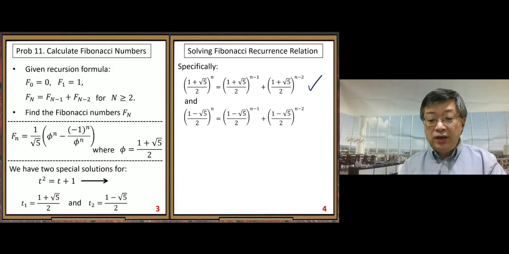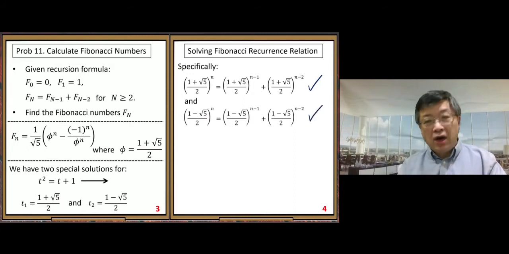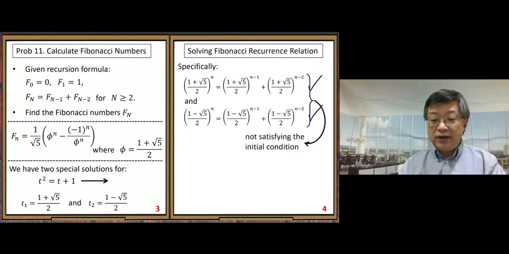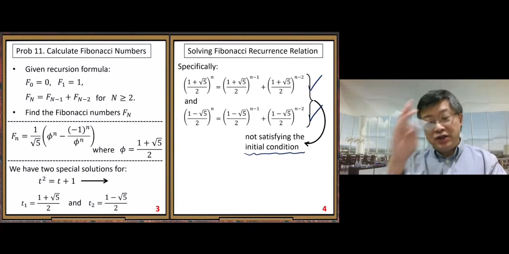When we plug in t2, we have this version. Both correct, right? But the only thing not good for our problem is that they do not satisfy the initial condition. So that's the only problem.